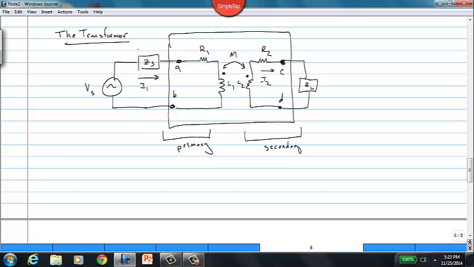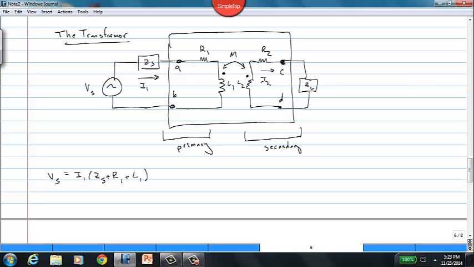If we sum the voltages around the primary side, we've got VS, and we've got a voltage drop across the ZS term, across the R1 term, and across the reactance of L1. So that's going to be I1 times ZS plus R1 plus jωL1. And then we have the voltage drop associated with the mutual inductance.